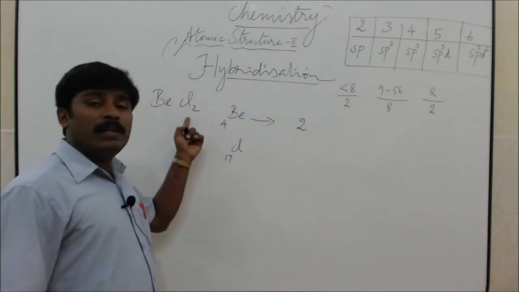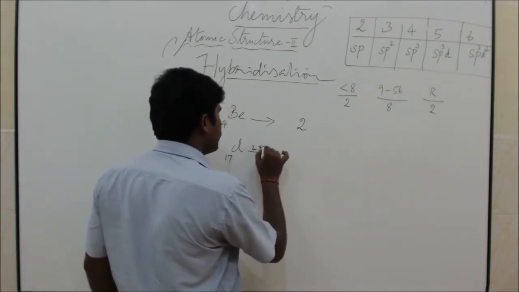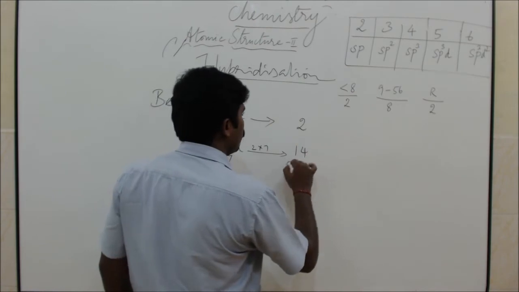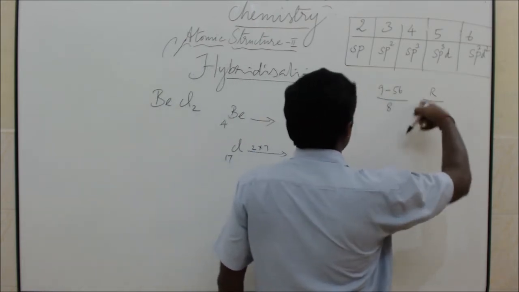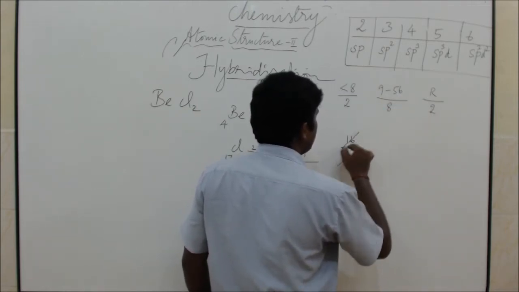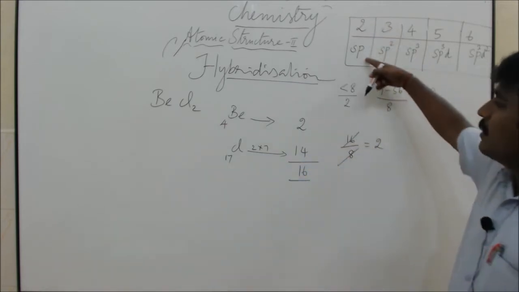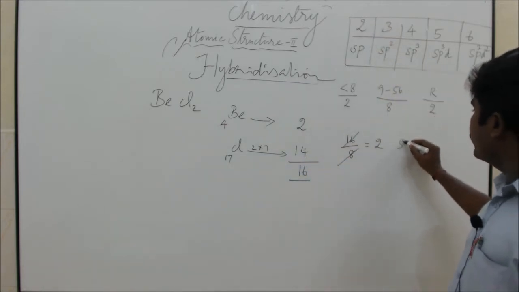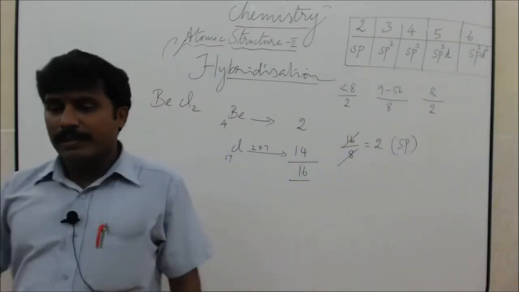How many chlorines here? 2 chlorines, so 2 into 7, altogether 16. Which rule does 16 come under? 16 by 8, the quotient is 2. 2 means sp hybridization. So beryllium chloride is sp hybridization.